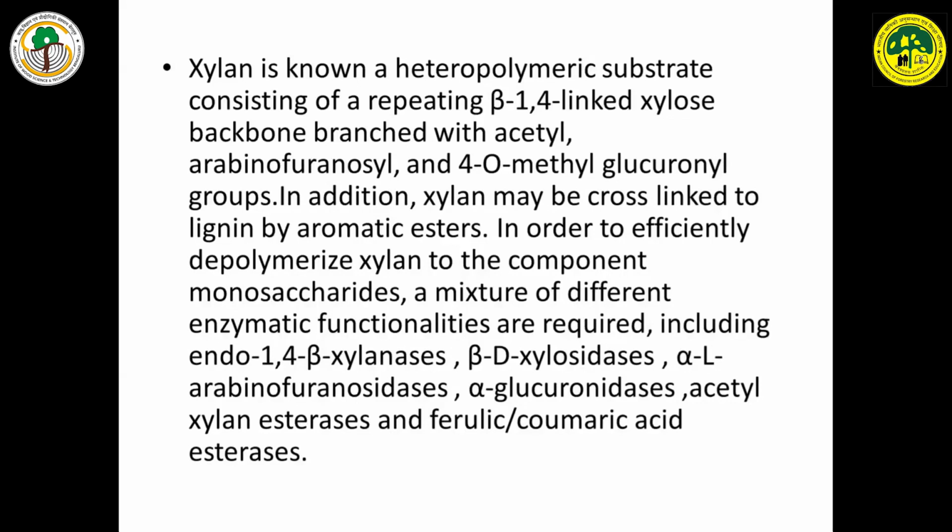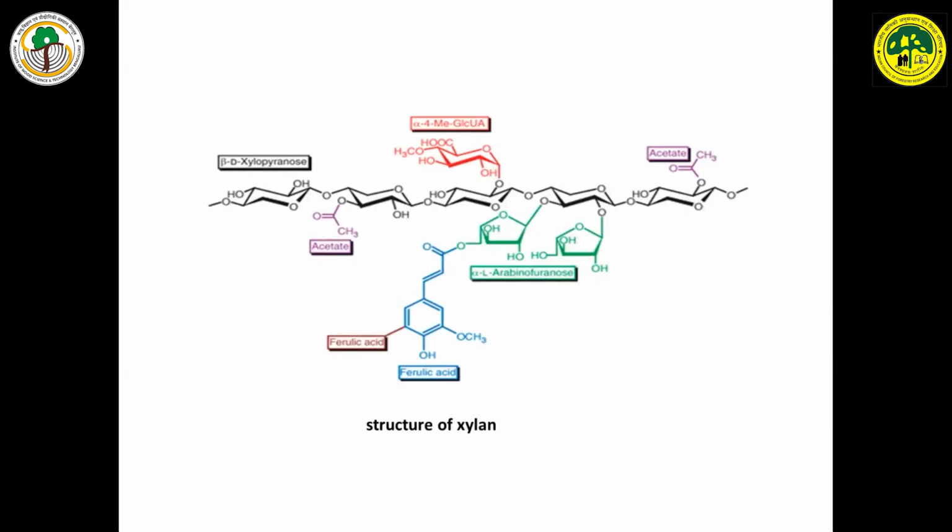The xylan polymer contains xylose residues. That means xylose molecules are pentose molecules, and all these xylose residues are connected by beta 1,4 linkages. That means the glycosidic bond is formed between xylose molecules.